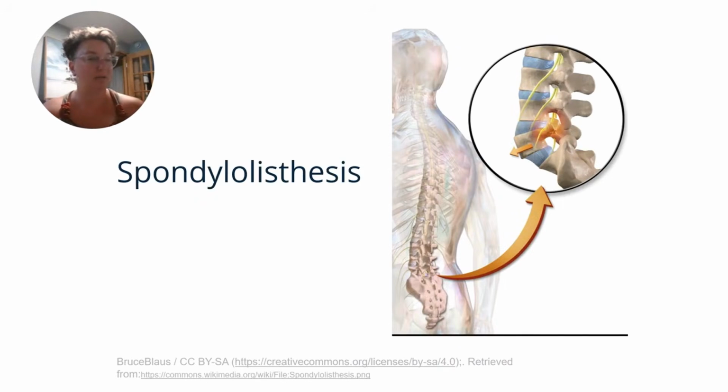I may not pronounce this one correctly, but I'm going to give it a whirl. Spondylolisthesis. Spondylolisthesis is a condition where a vertebra becomes displaced anterior to the one below it. In essence, the upper vertebra slides forward. As you can see from the picture, back bending would exacerbate this condition.